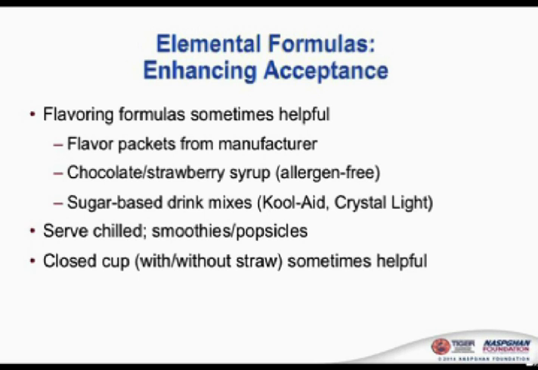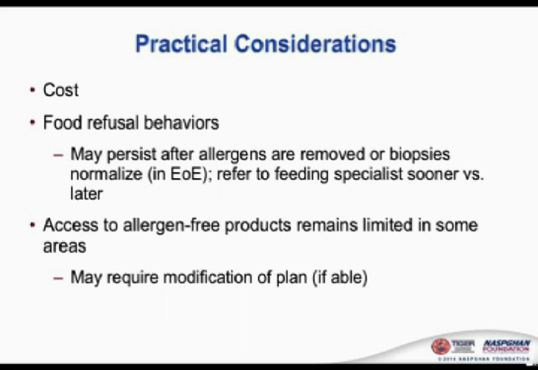On the next slide, we're going to look, though, at the practical considerations when we're talking about an elemental diet. So we know that an elemental diet is very effective therapy, but there are also some downsides. The first one listed here would be the cost of the formula. Those of you who use elemental formulas in your treatment of these patients know that these formulas are very expensive.